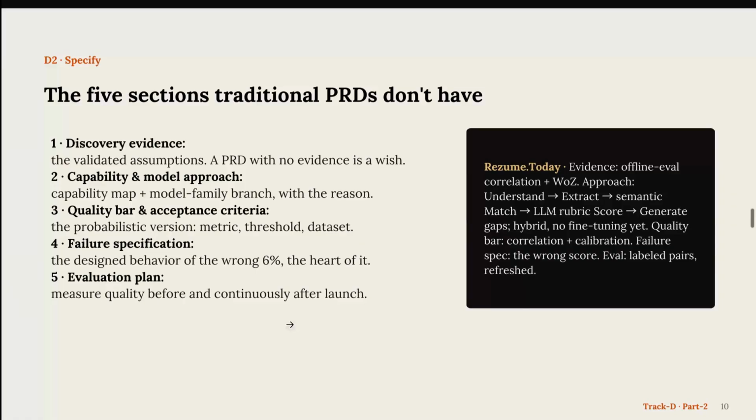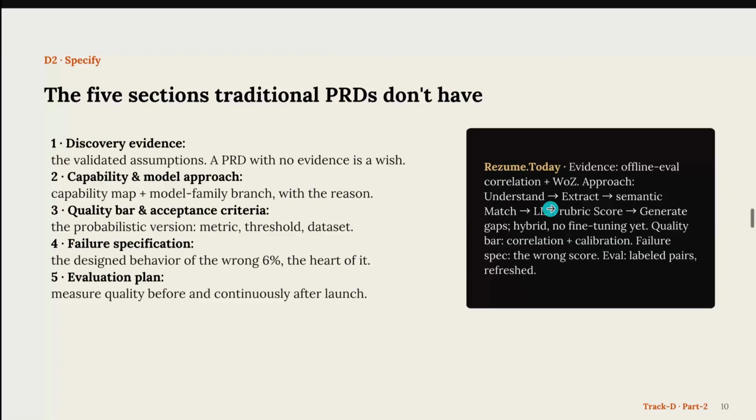The approach that we would typically take is we need to understand the problem statement, extract the required data, do a semantic match between the resumes and your job description, give the LLM the required data, and it gives an output score. Based on the score, we'll generate the gaps. Hey, here is the gap. It could be hybrid, no fine tuning yet. We are not fine tuning yet. Fine tuning as in fine tuning the model.